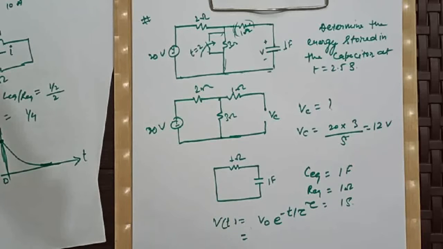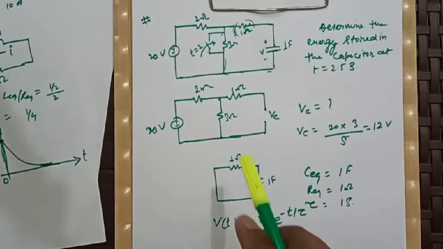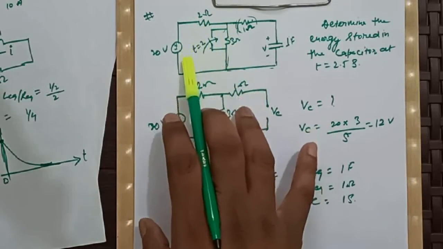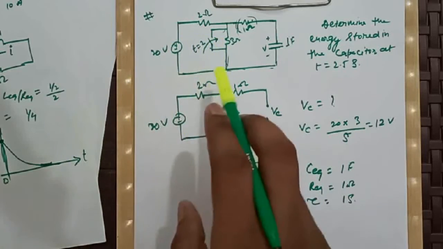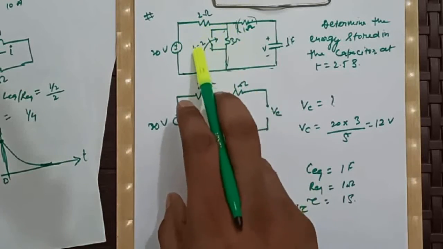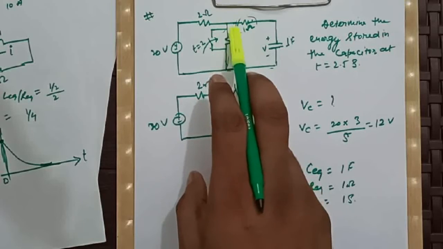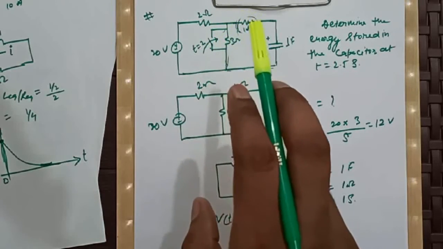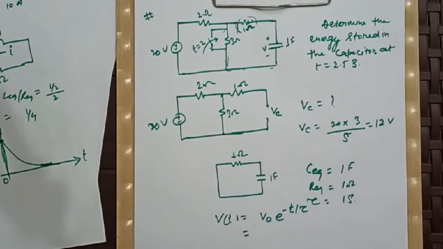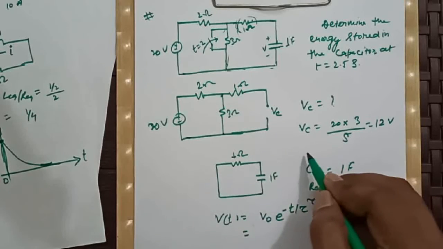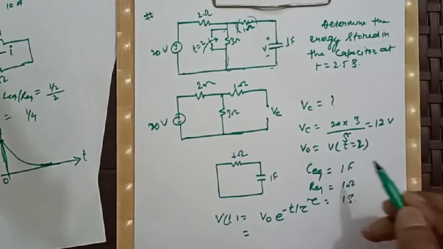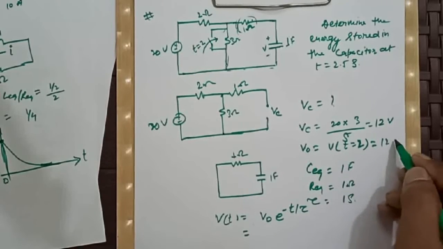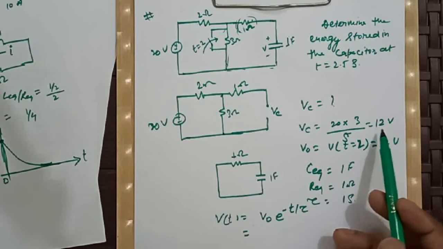Now see here, since we are closing this switch at time t equal to 2 seconds, we are introducing a transient here. We are switching at time t equal to 2, so our V naught will be V at time t equal to 2 seconds, which is nothing but this 12 volt, right?